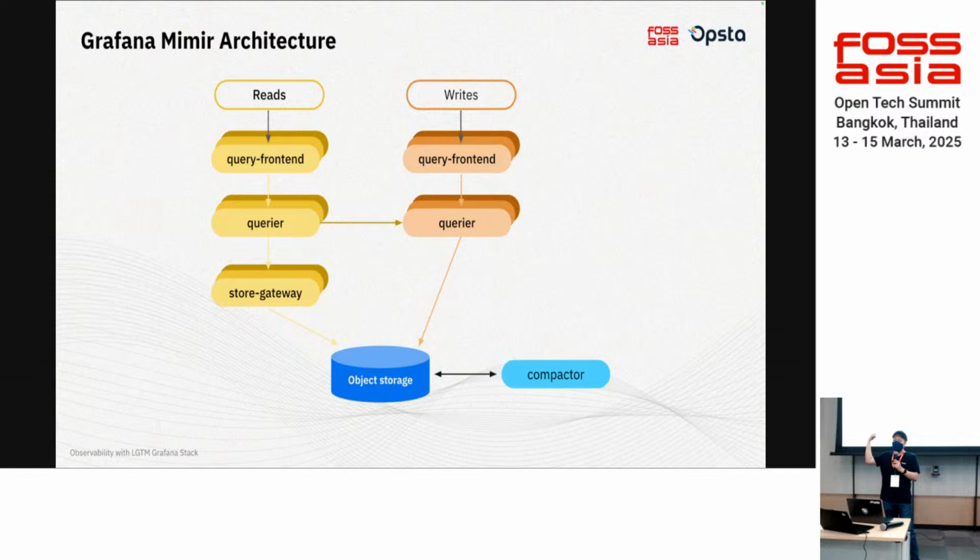Everything you see here is a microservice, so you can scale each one. The big thing is they separate read and write. So if your system is write-heavy, you only scale the write microservices as shown here, or the query microservices for reads.